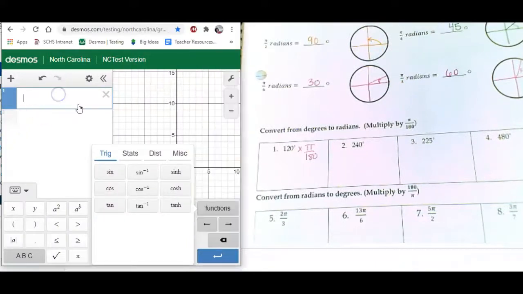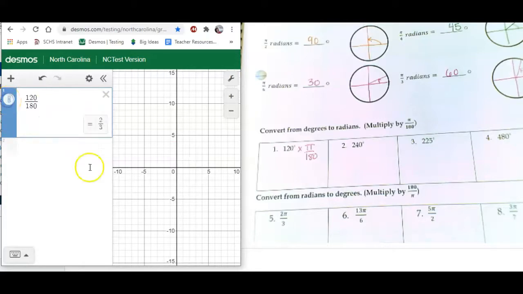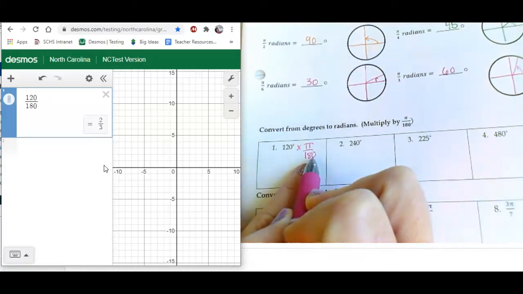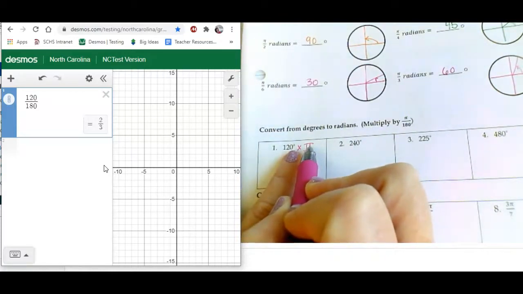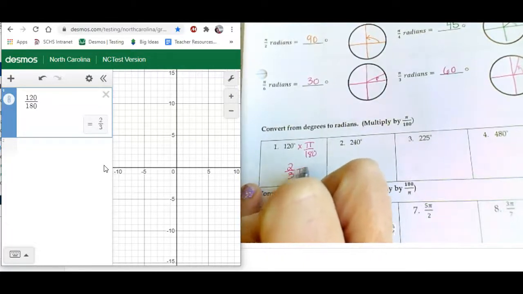What it actually means is I'm going to put 120 divided by 180. I'm going to change it to a fraction. And then I'm just going to put a pi beside it. Okay? So I don't put the pi in Desmos. Really, I just do 120 divided by 180 and put a pi with it. And so I got 2/3 pi. And that's the answer.